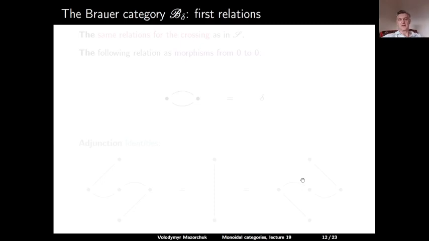And here are the relations. Of course, since we have the crossing, just like in the previous case, we take the same relations for the crossings as in the category for the symmetric group. So the crossing squares to the identity, and then we have the short braid relation for the crossing involved in the tensor product of V with itself and with itself once more.